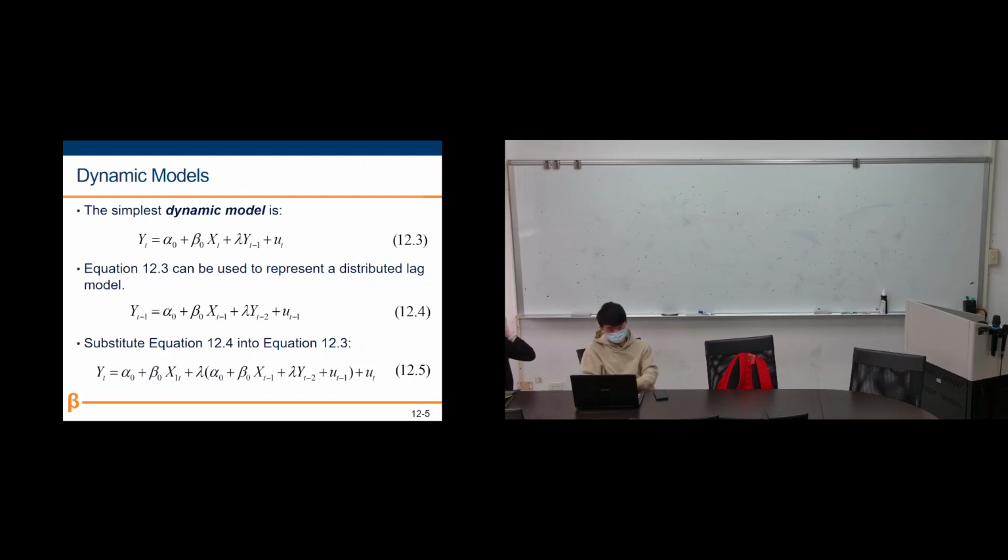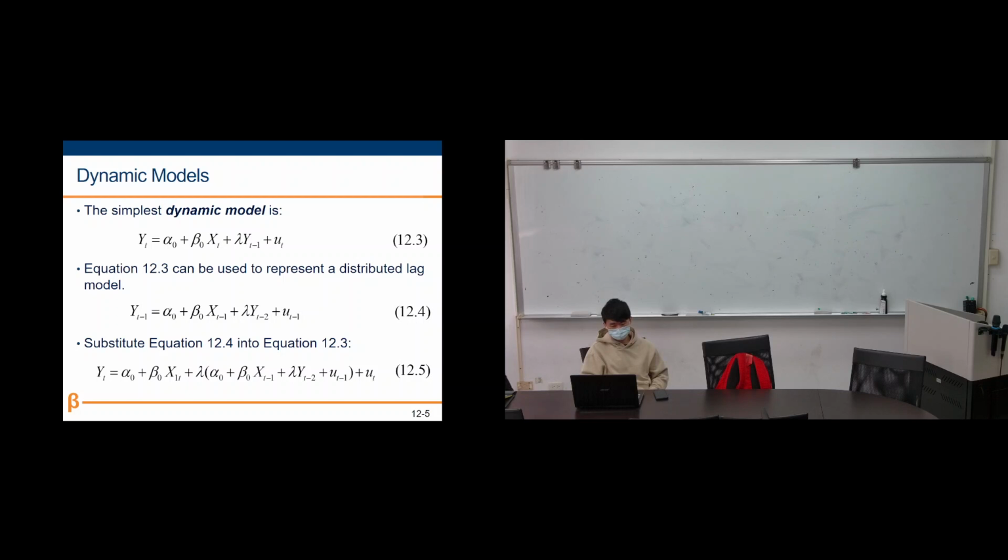In other words, 12.3 can be made equivalent to the distributed lag model. If you don't believe it, see how we do it. It's only a little bit of algebra. Look at 12.4. It is from 12.3, but for previous periods.